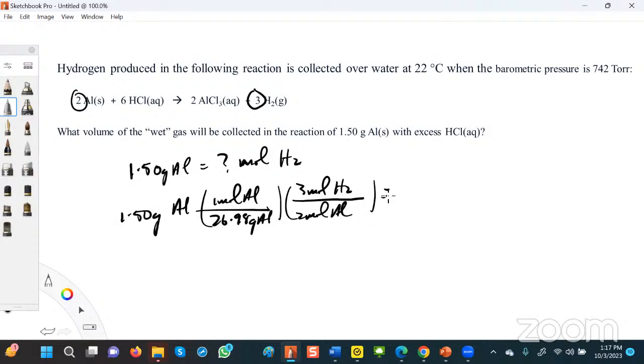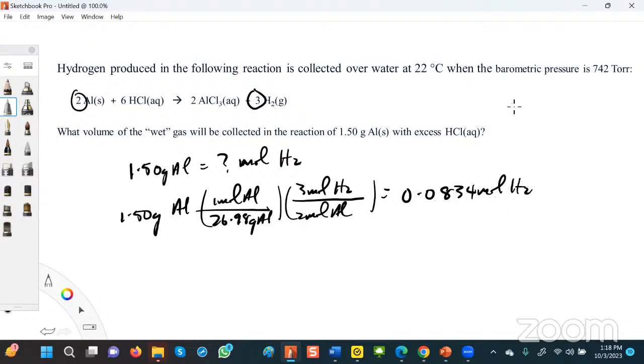Let me do this again. 1.5 divided by 26.98 times 3 divided by 2. Okay, so I got 0.0834 moles of hydrogen.